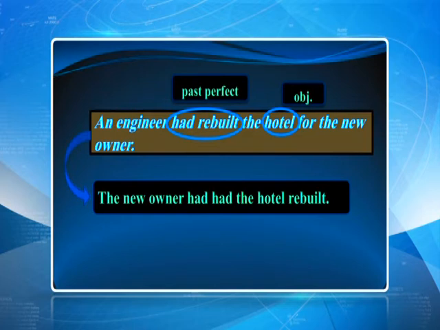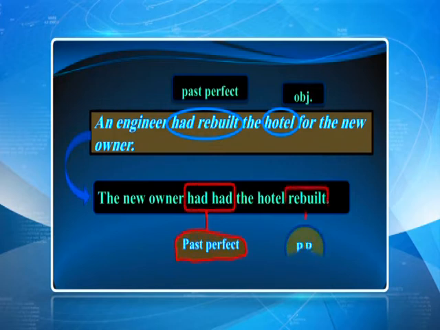Even though you see had, don't say it's wrong. It is completely right, 100%. But here we have past perfect. We use had as a helping verb plus the past participle of the causative verb, which is have. So we say had the hotel rebuilt. This is the past perfect and this is the past participle.